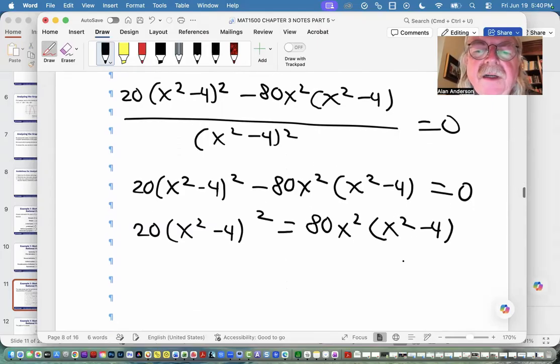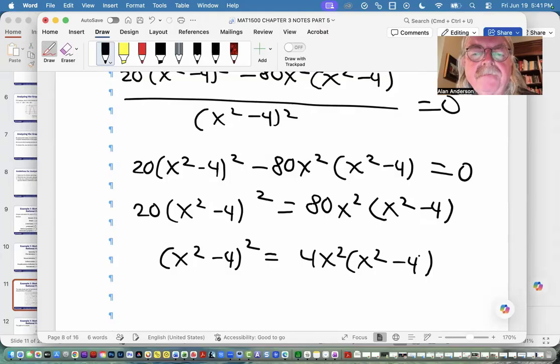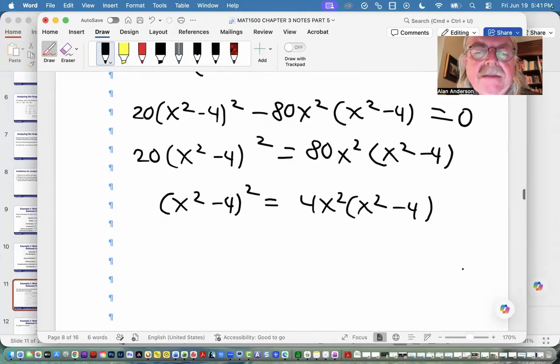Then I can simplify to a certain degree. I can divide out 20s, for example. And what else can I do? I can divide both sides by x squared minus 4.